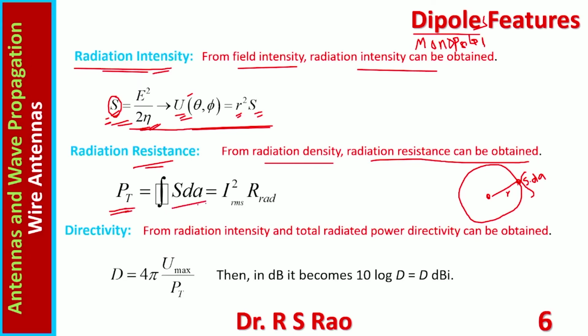S dot dA over the closed spherical surface can be equated to I square RMS times R, the radiation resistance multiplied by the square of the RMS current. Now PT is available, I is available, so radiation resistance can be computed within no time for any radiator we are considering in the present session.